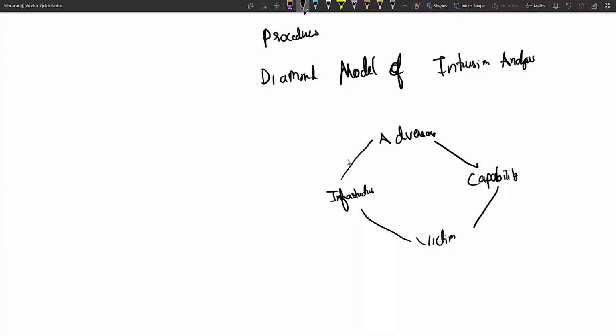So here the adversary develops a capability, it exploits the victim, and the infrastructure connects to the victim, which leads to connecting to the infrastructure, and they use the infrastructure.